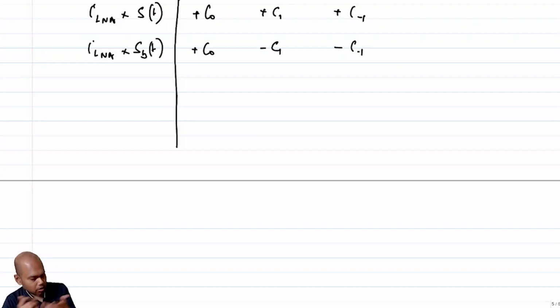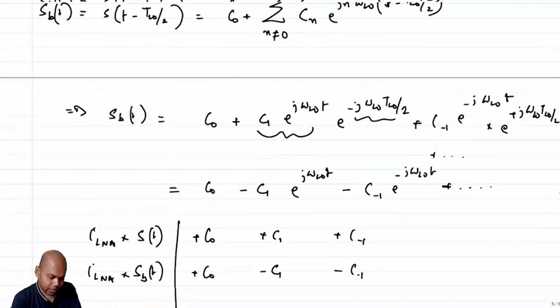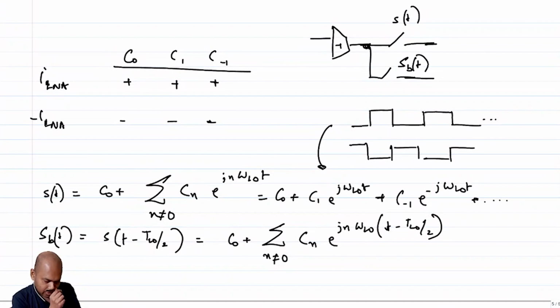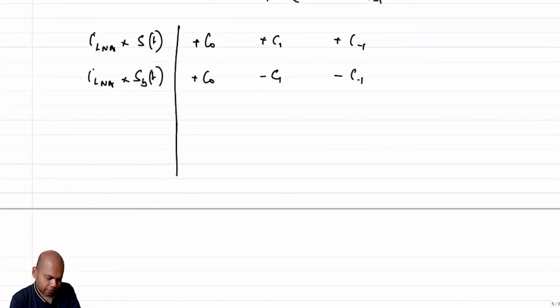Okay, so let's see, right? If you have a differential circuit, then generally you can have, let's say you have an antenna, you have an LNA which gives you ILNA current out.